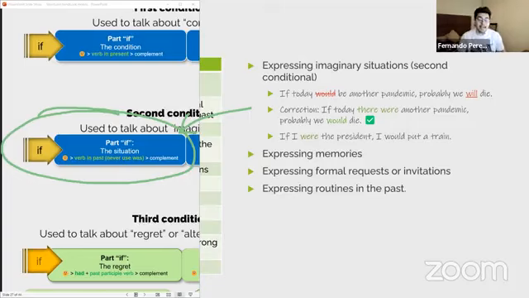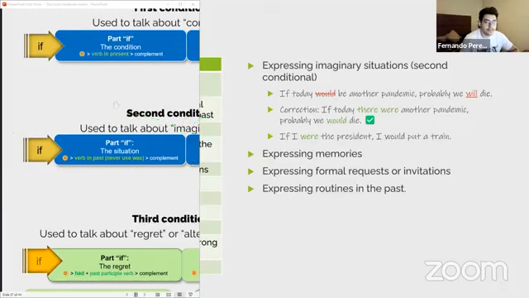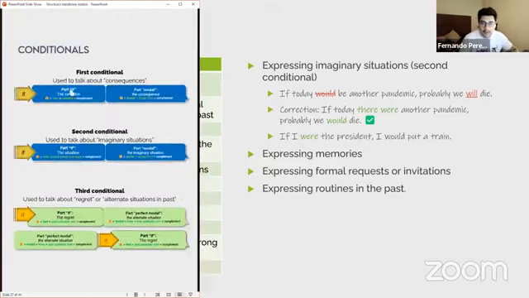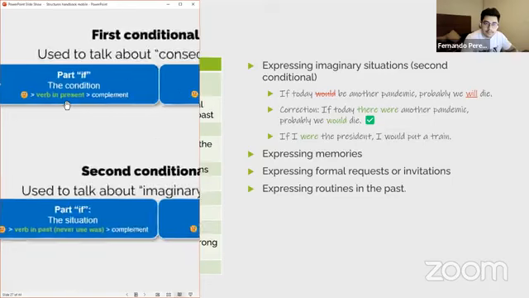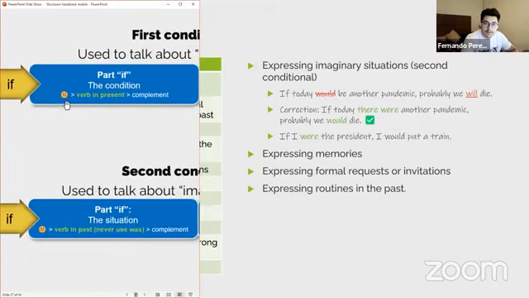What is the difference between this condition and the first condition? The first condition is with the verb in present. Usually for the first condition, we use "when" or "if". If I am the president, I promise you, imagining I am a candidate to the presidency.